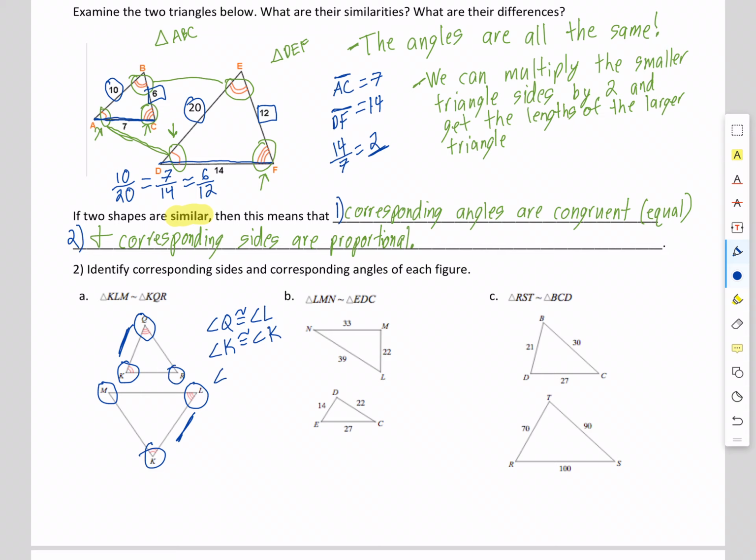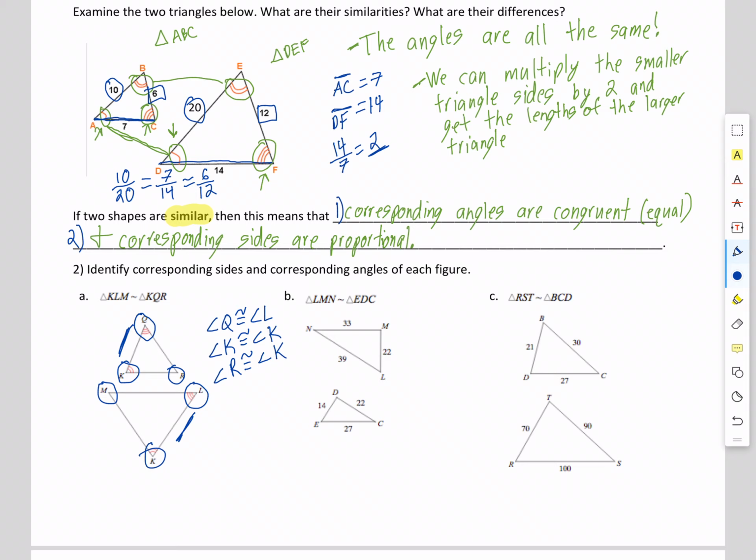So we'd have angle M is congruent to angle R. Hope I got those flipped. So let's change that, just keeping order. So it would be angle R is congruent to angle K.